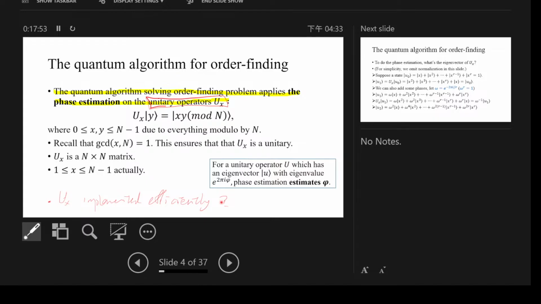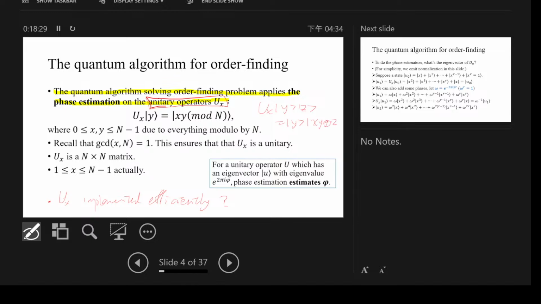To implement U_x efficiently, the problem is that this is what's called an in-place oracle. Let's digress a little bit. If you have some y and you want to implement multiply by x, then our usual quantum oracle has a y register and some z register, and you get y and xy plus z.